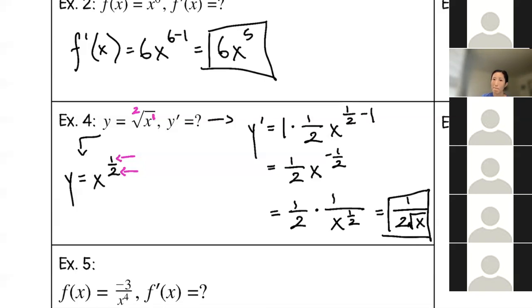Okay. So that means that if I want to find the slope of the square root function, I can say the slope of that square root function is always going to be 1/2 root x. Okay, 1/2 root x.